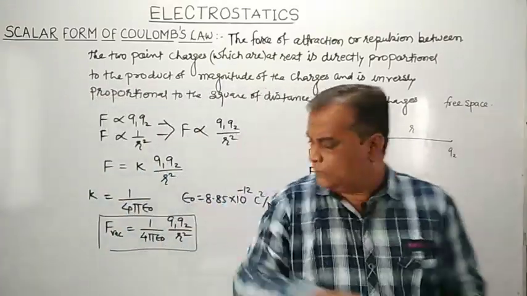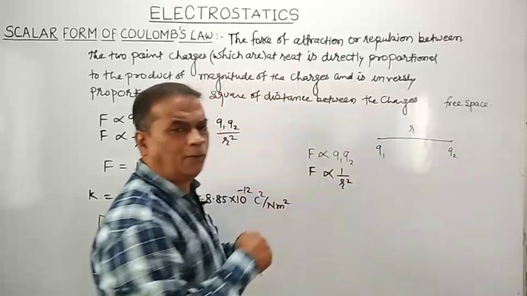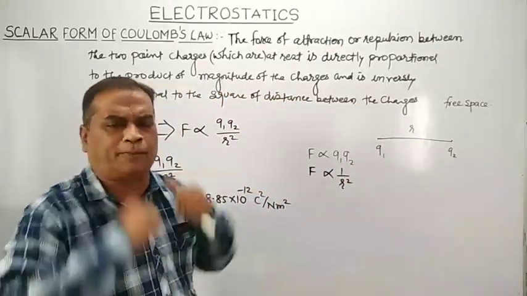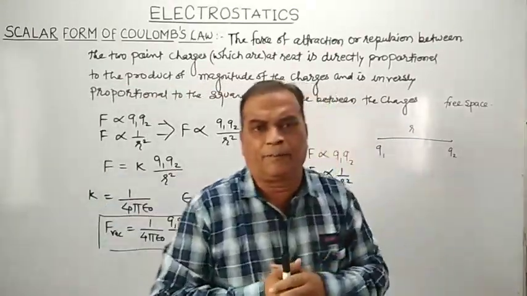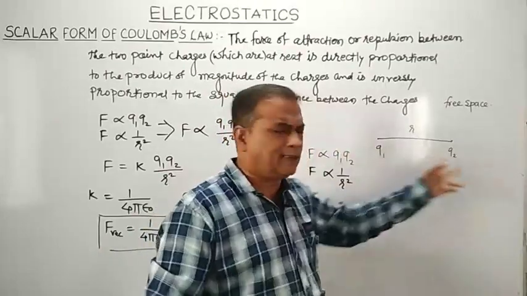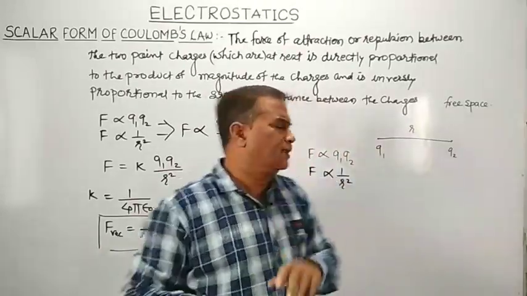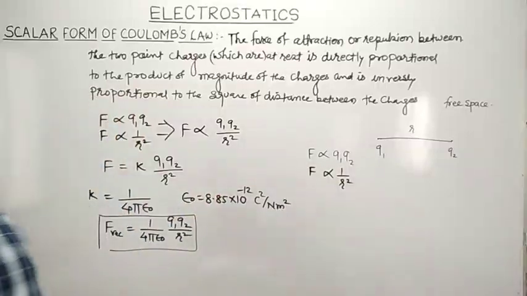Remember, this force may be a force of attraction or a force of repulsion depending upon the polarity of the two charges. Now, what are the possible cases that we will see?